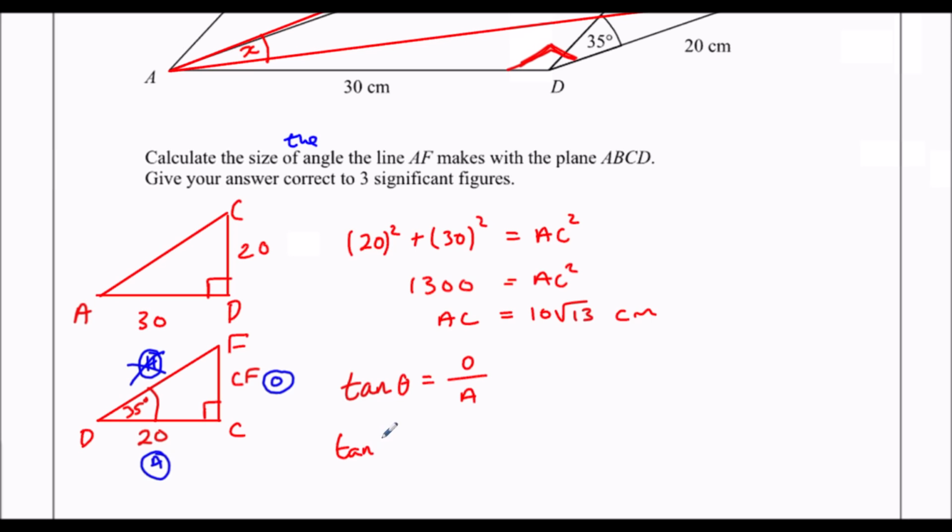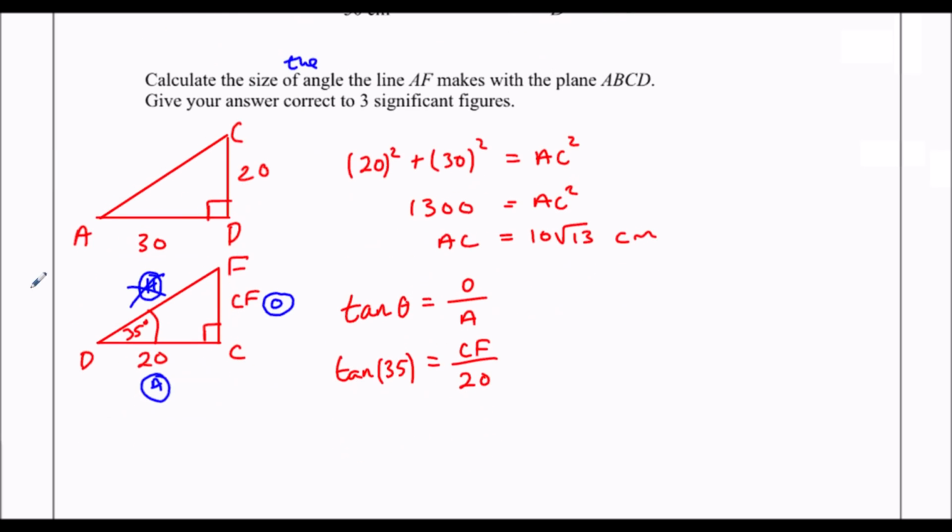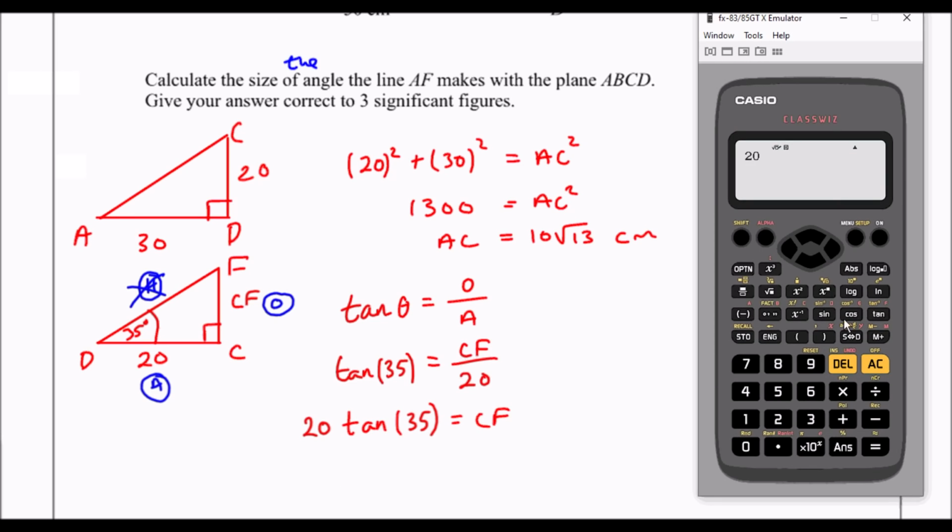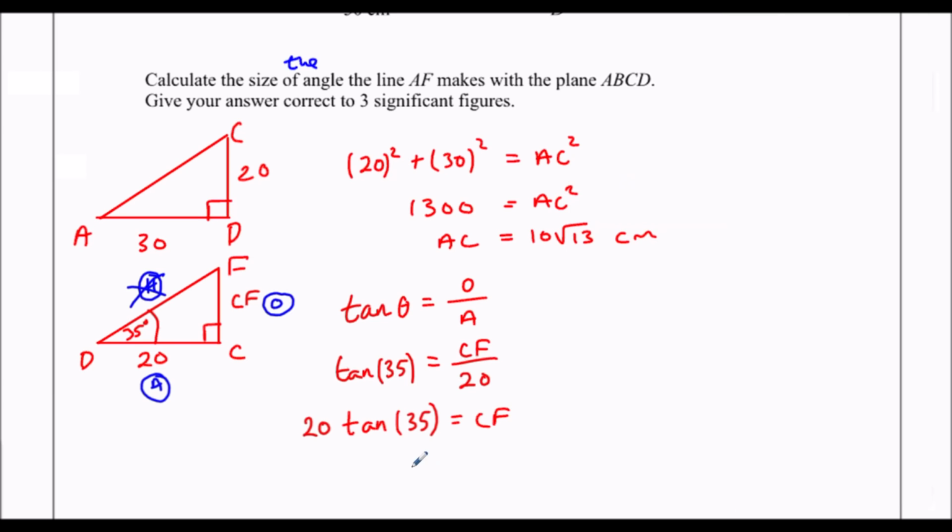So tan 35 is CF over 20. So CF, timesing both sides by 20, is 20 times tan 35. So 20 times tan 35 is 14.0. So C to F is 14.0 centimeters.